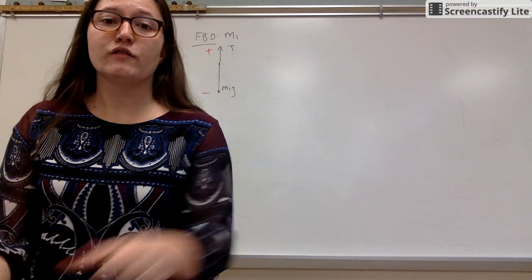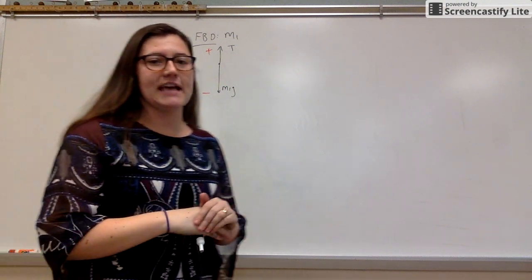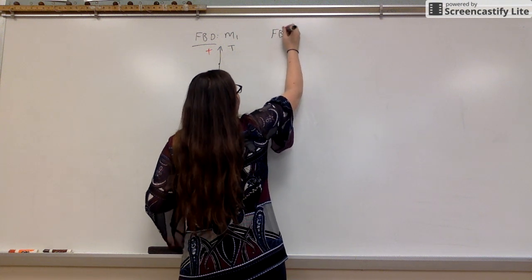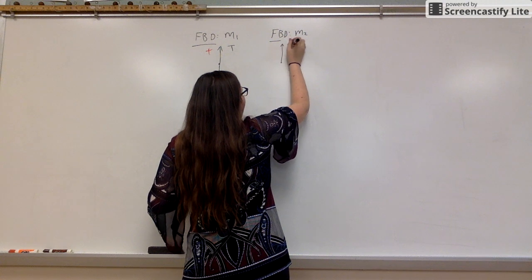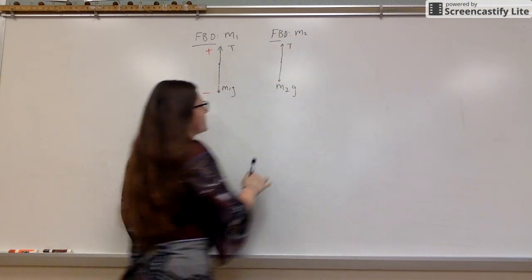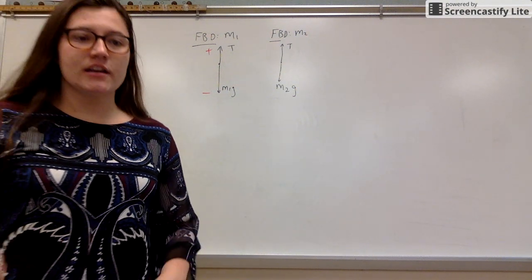Great. Free body diagram number 2. So let's look at mass 2. We have the same two forces acting on our object. Force of gravity, M2G, and we have tension.